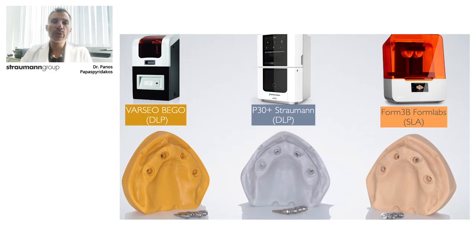So we used two printers with DLP technology, the Bego and the Straumann P30 Plus, and we also used a third printer from Formlabs that uses stereolithography technology. Now, each 3D printed group also featured 10 3D printed casts. We connected the repositionable analogs, and then we tried to assess the accuracy, the three-dimensional accuracy of those implant casts.